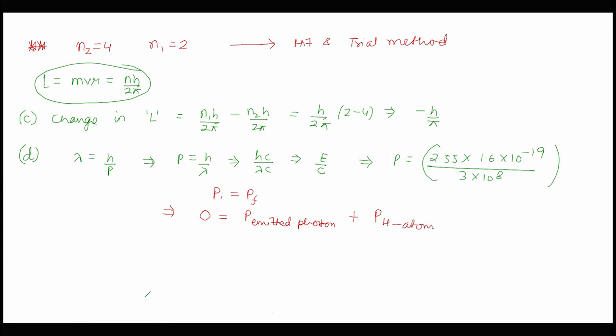So from here I can say that the magnitude of momentum of the hydrogen atom is equal to the momentum of the emitted photon.